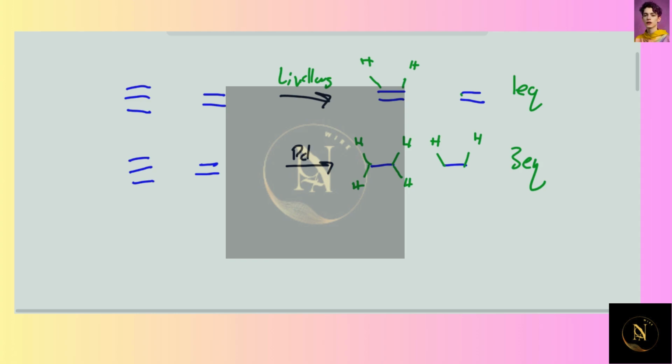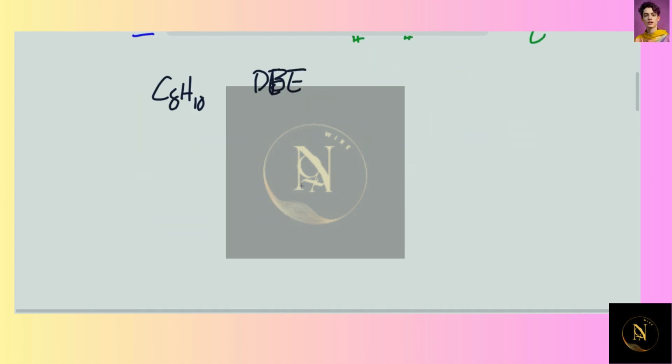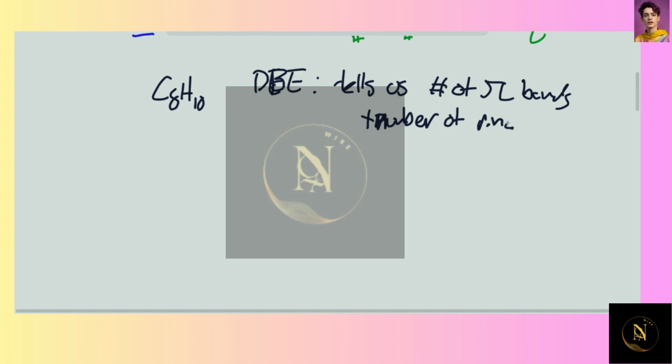And we've also got to consider the degree of unsaturation. So that's our final bit of evidence, that it's C8H10. So we can find out how many double bonds and or rings this molecule has. So we need to use the degree of unsaturation formula, or double bond equivalence. It tells us the number of pi bonds plus the number of rings.